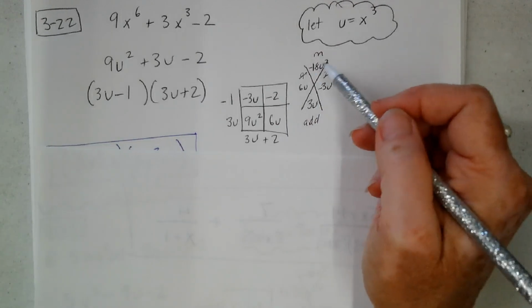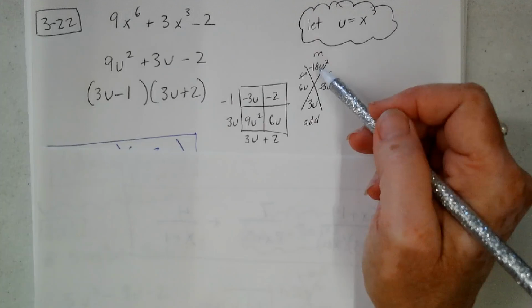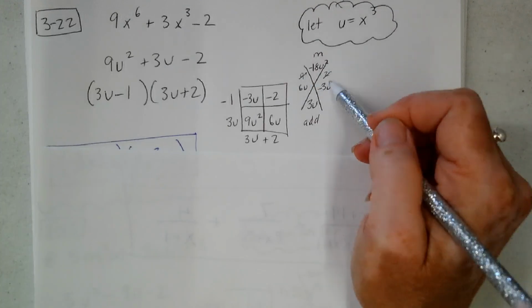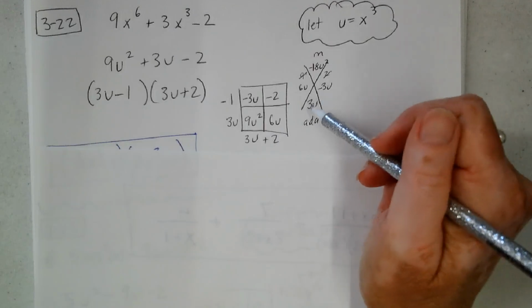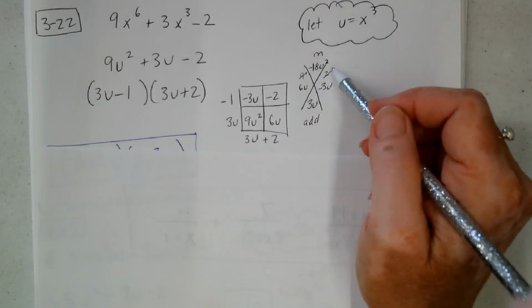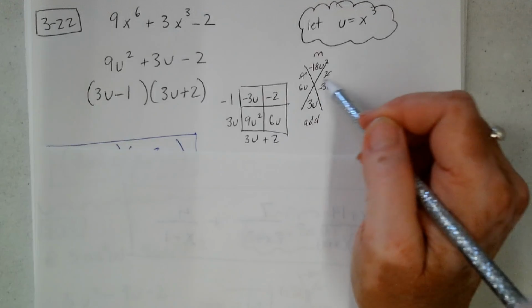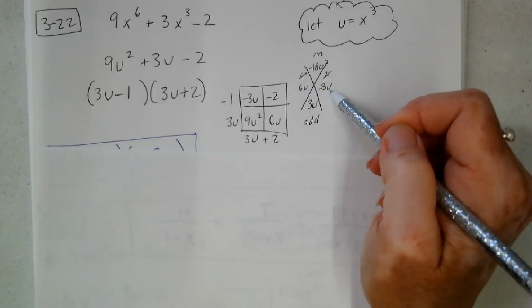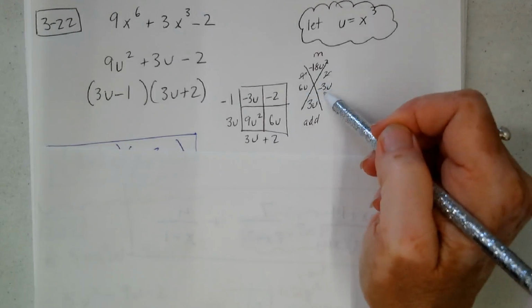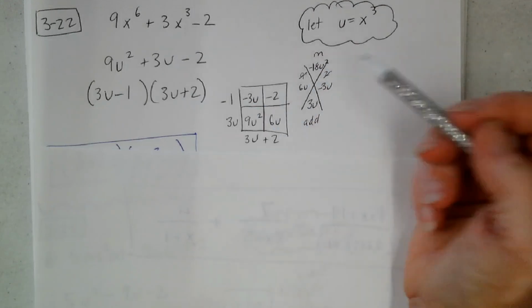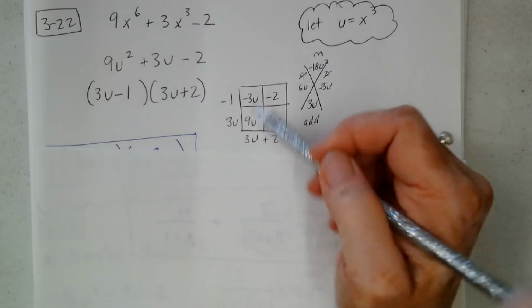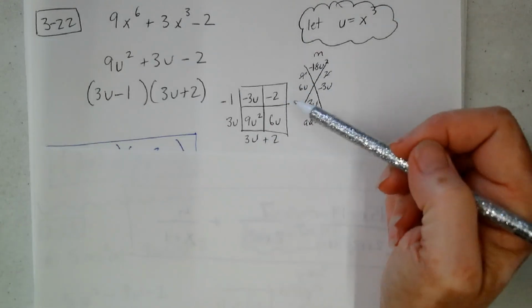So I'm thinking of numbers that multiply to make 18. Like you can see that I tried 9 and 2. 9 times 2 multiplies to make 18, but I'll never be able to add to 3, so I cross those out, and then I said 6 and 3. So 6 times negative 3 can give me my negative 18. I'm thinking you already know how to do this, but I just don't want to assume.